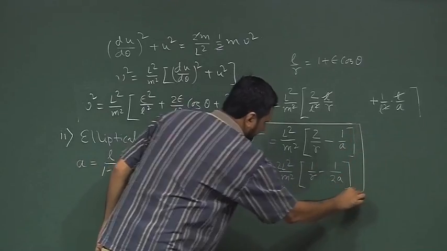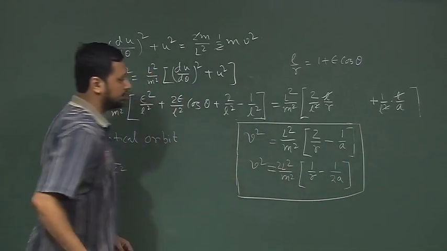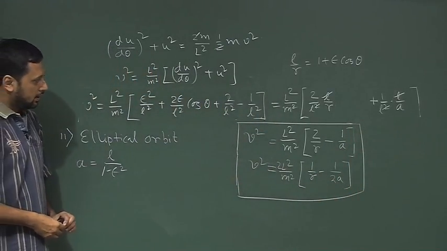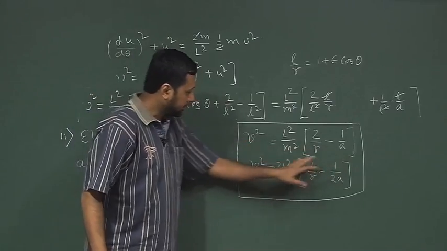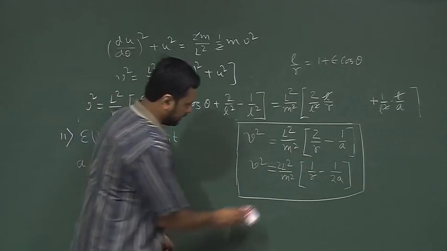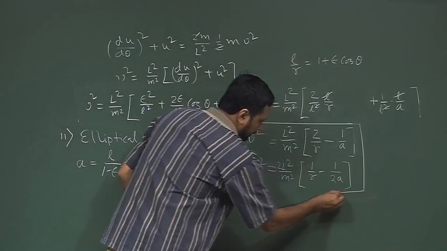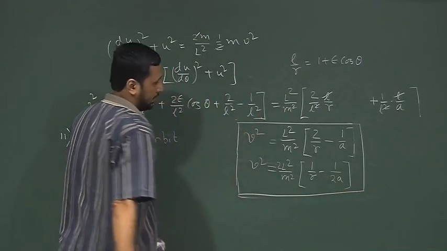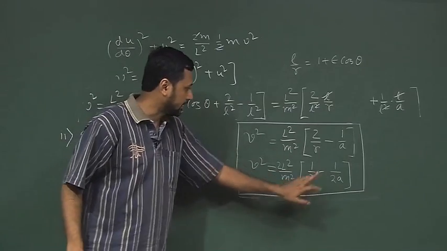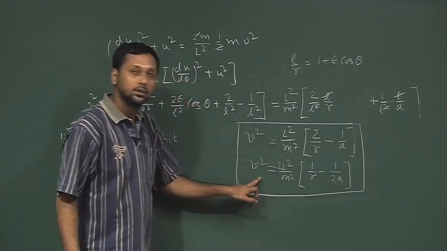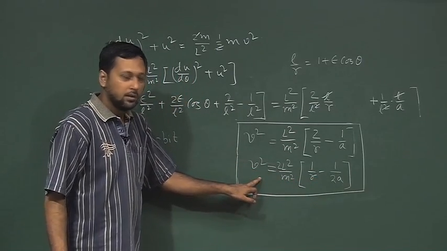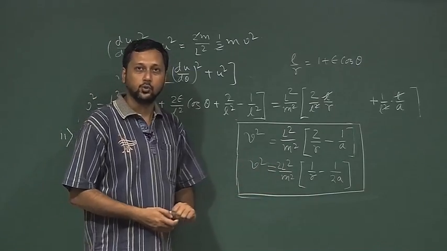It is the same expression, we just wrote it in a slightly different manner. Now, put r equal to 2a in either expression, and you will immediately see that the velocity goes to 0. But in principle, r can never be 2a.